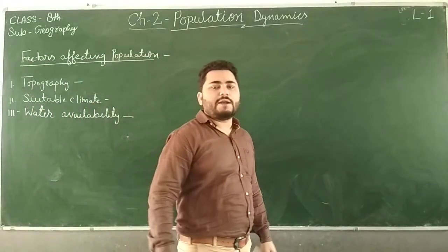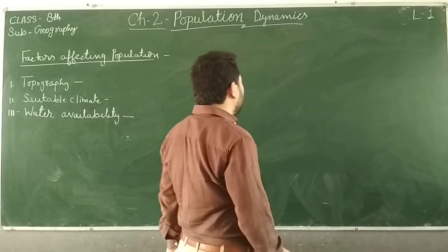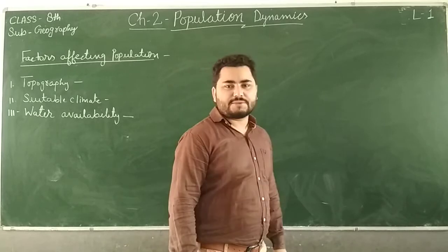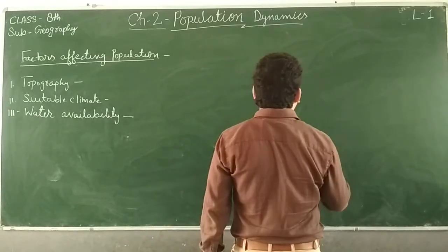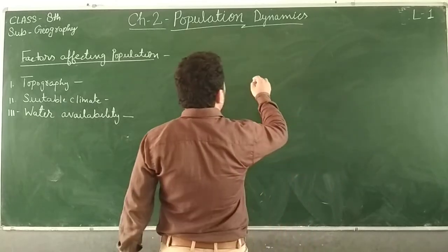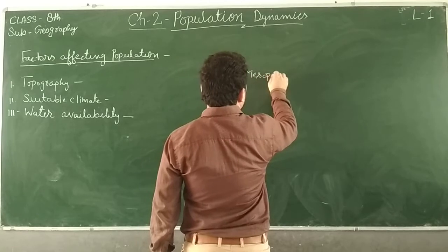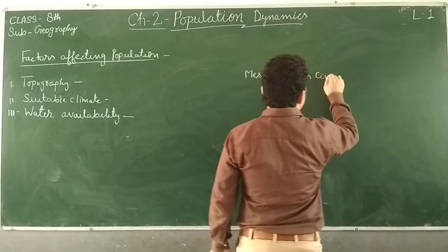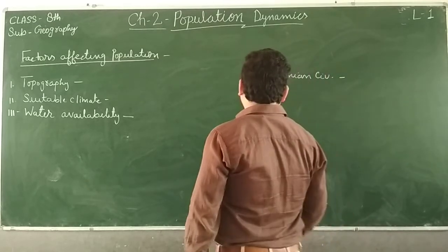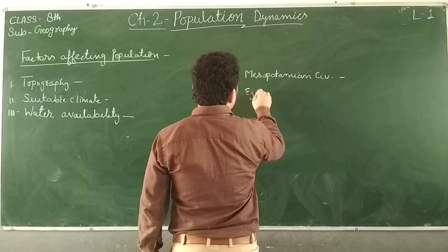Now we have studied in history, right? I have taught you in class 6th also, in class 7th also. I have told you about, if you remember, Mesopotamian civilization. I have taught you about the Egyptian civilization.